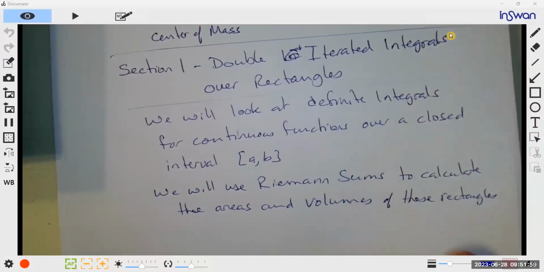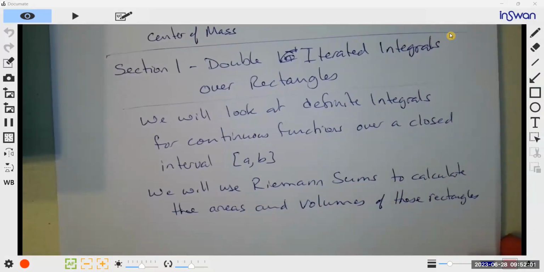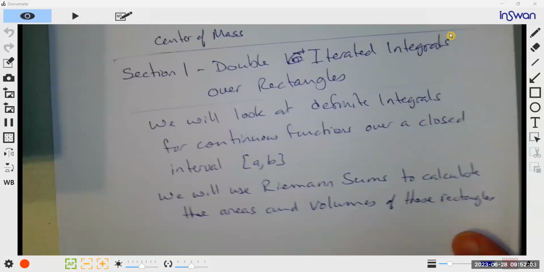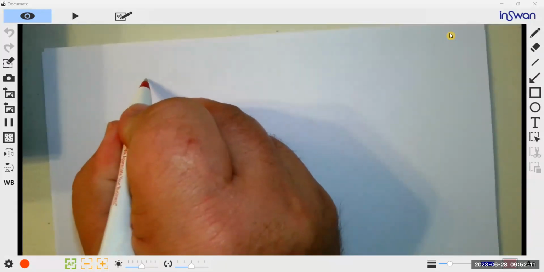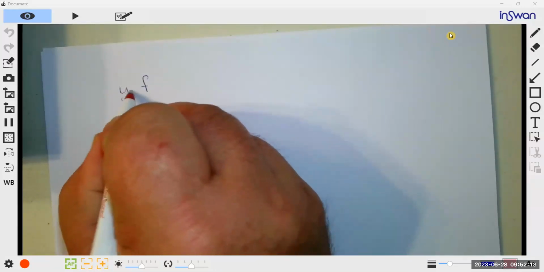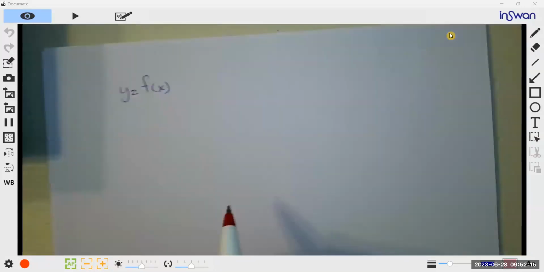Okay, let's recap what we did in Cal 1. In Cal 1, we said that y is equal to f of x.